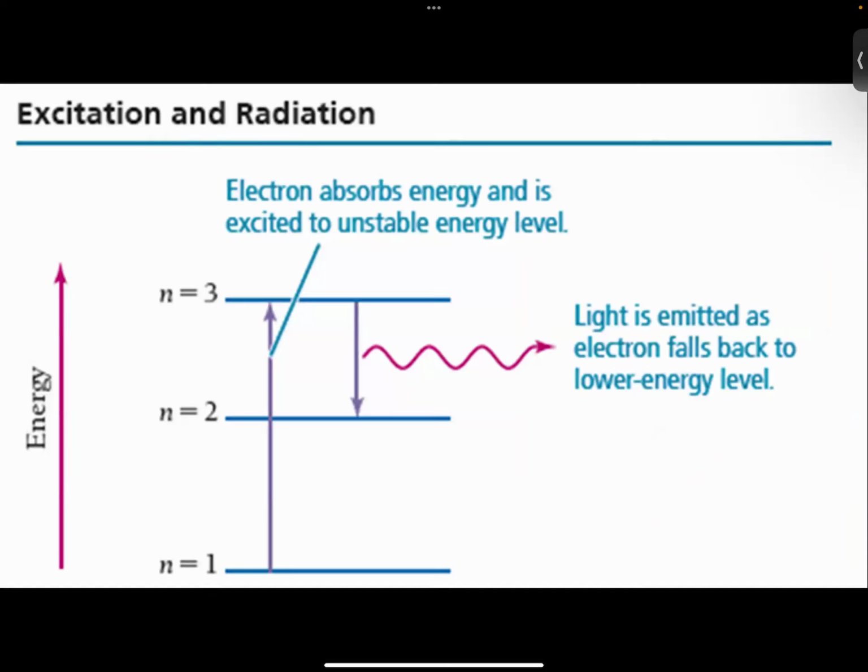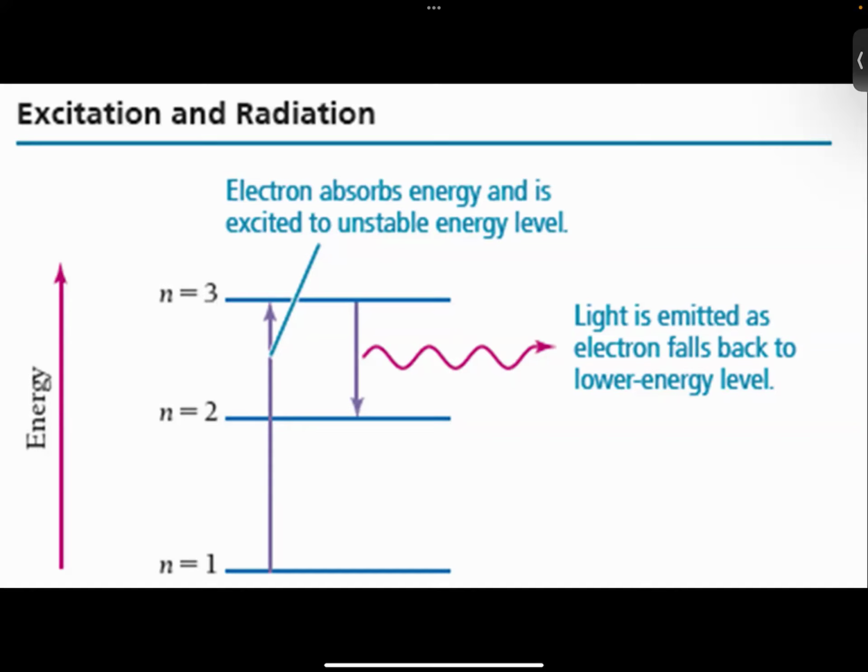So you asked what causes this. And I gave an example yesterday, but basically, when you excite an element, the electron is going to travel to some layer away from the nucleus.